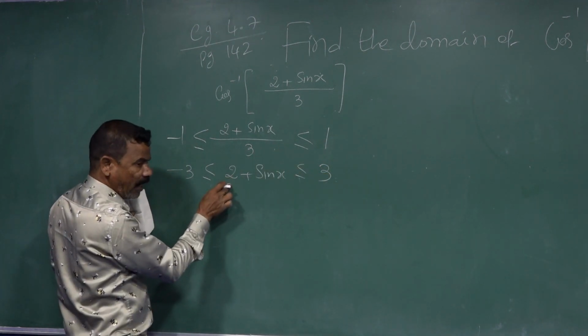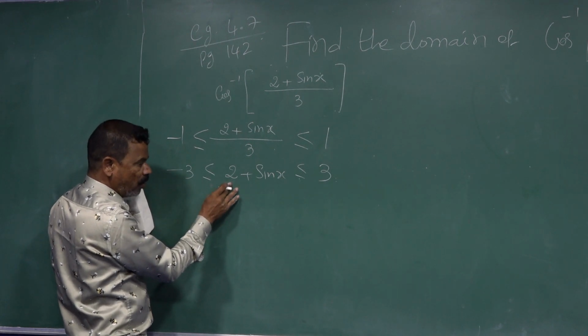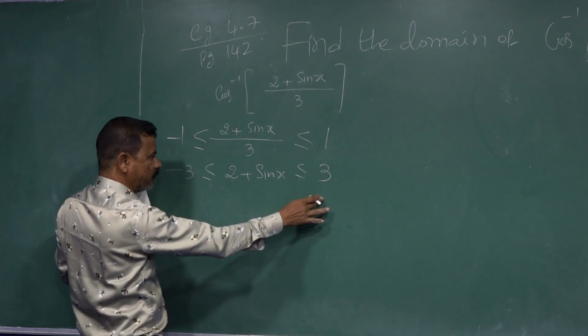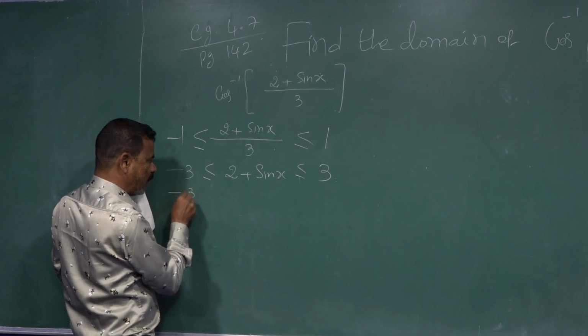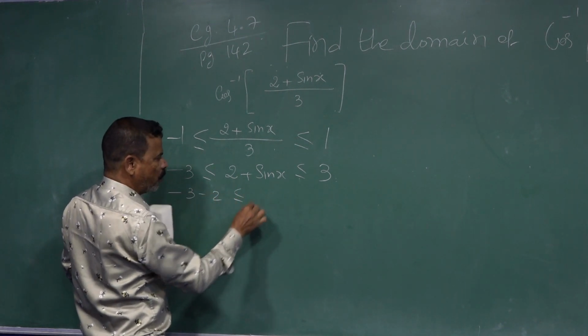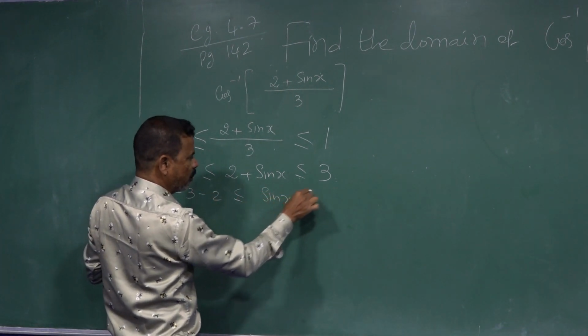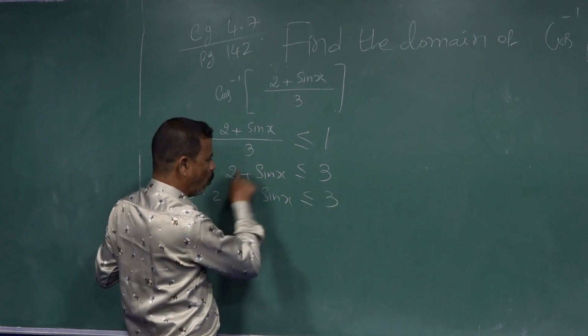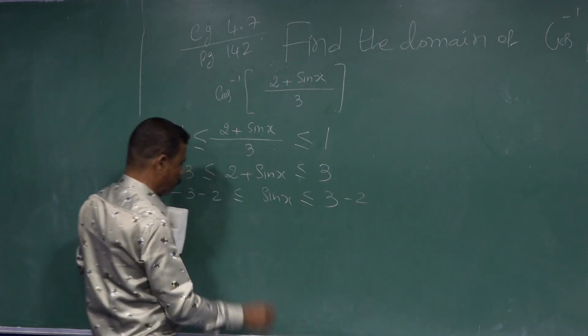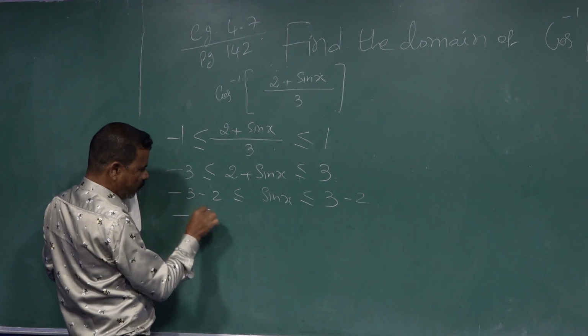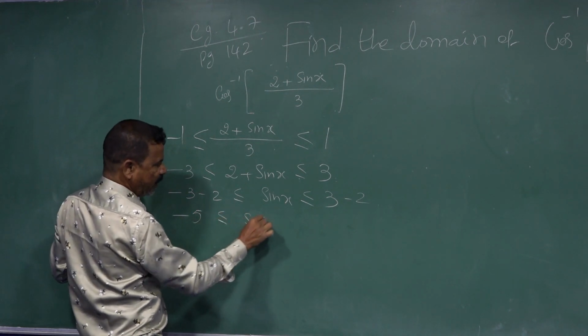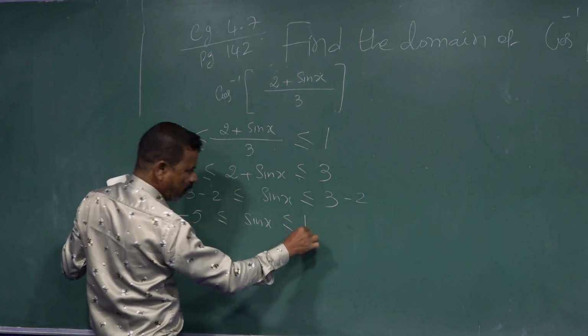After this, we send the 2 from the left side and right side: 3 minus 3 minus 2 is less than or equal to sin x. Here, these 2 go outside as minus 2. This is minus 5 less than or equal to sin x less than or equal to 1.